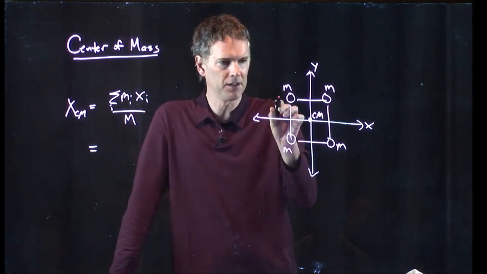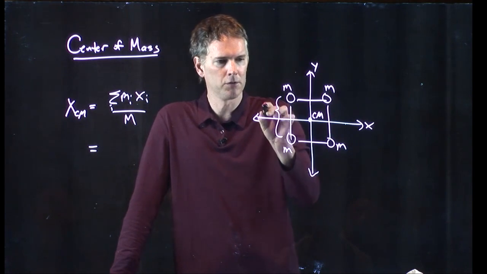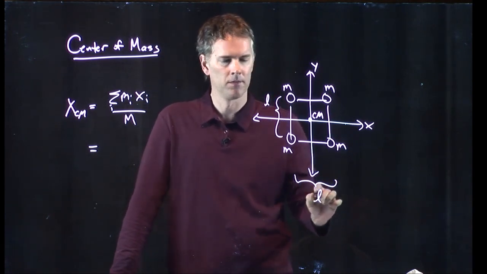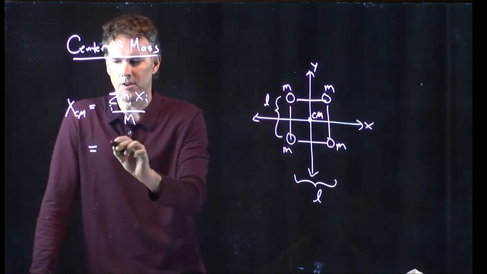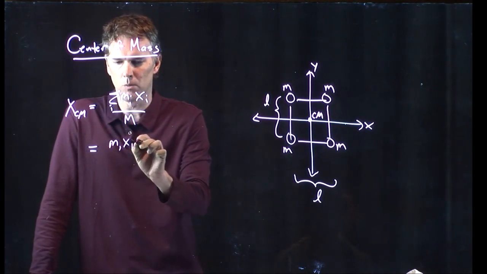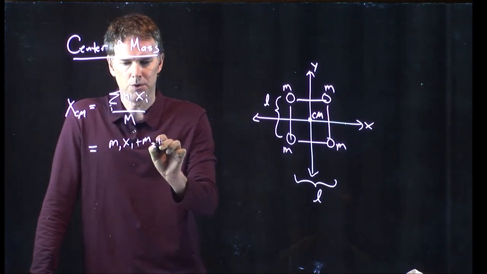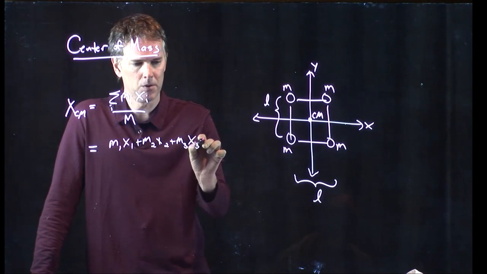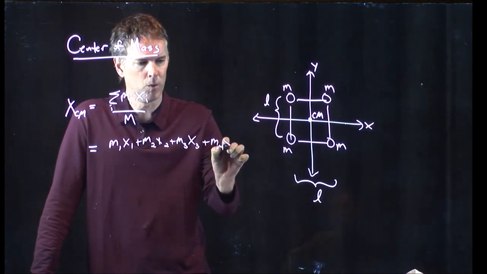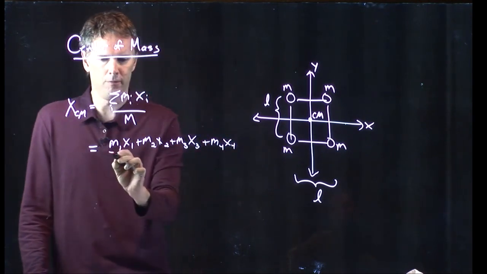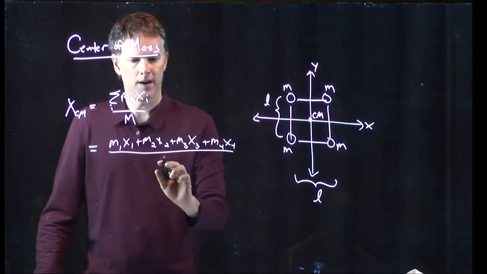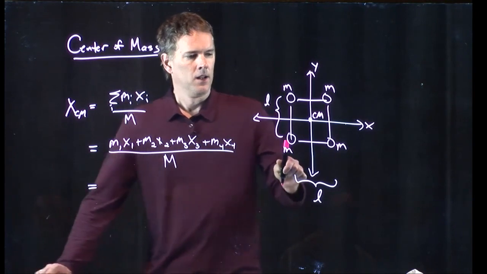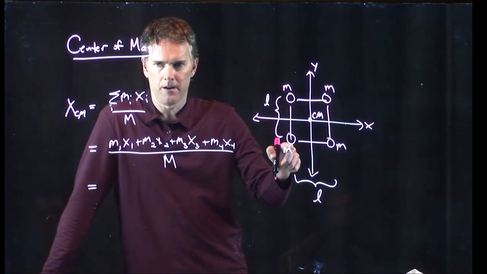And let's say that each side of this square is L. So we're going to have m1 x1 plus m2 x2 plus m3 x3 plus m4 x4. We have 4 particles, and we're going to divide by the total mass.